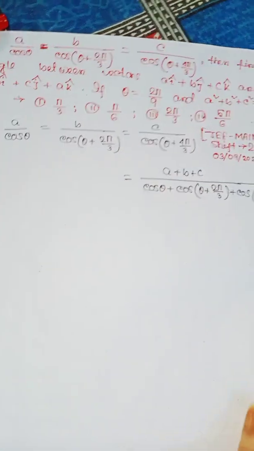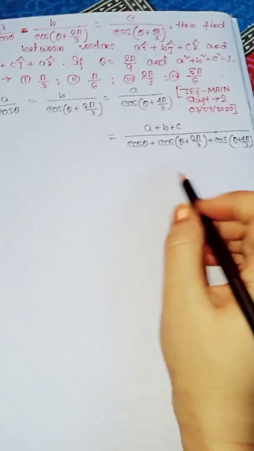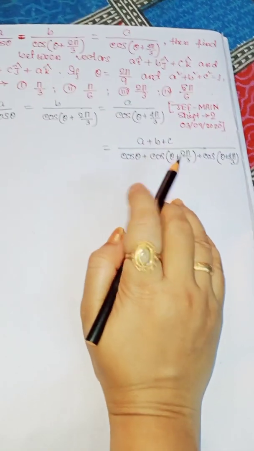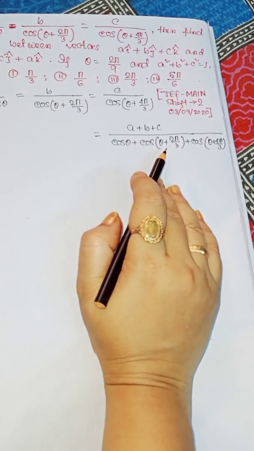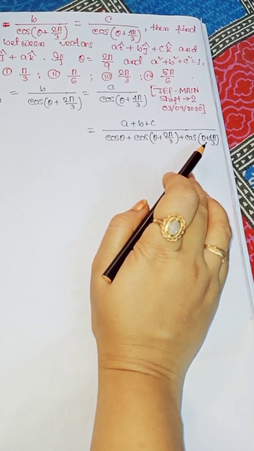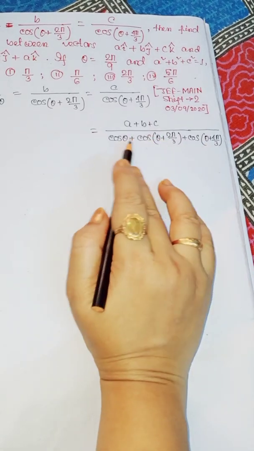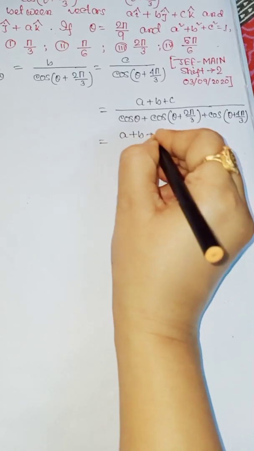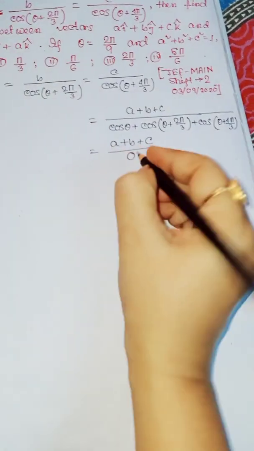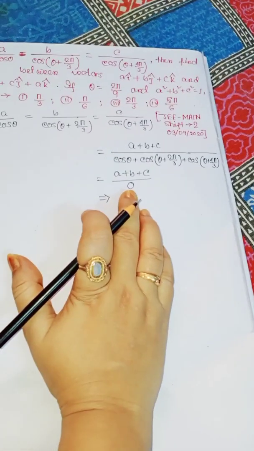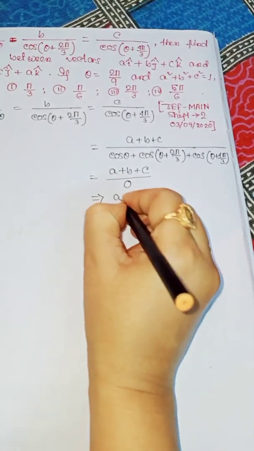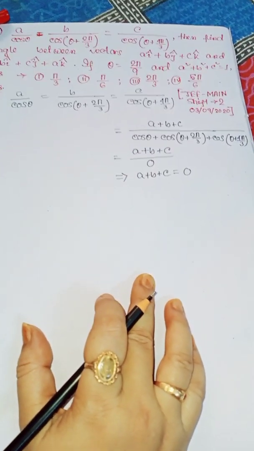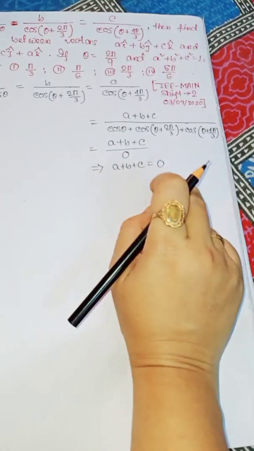It is known that the sum of these cosines is 0, so the denominator is 0. That implies A plus B plus C is equal to 0.